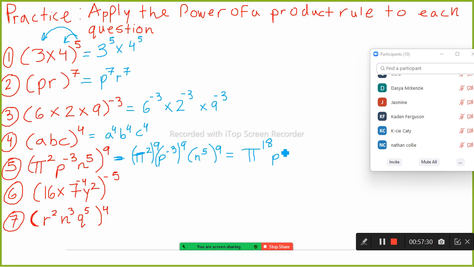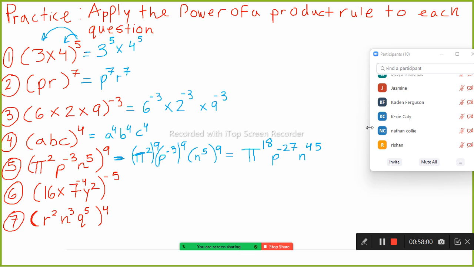What is 3 times 9? 27. Okay, good. Just put a negative onto it. Because remember, a negative times a positive is a negative. So we have 5 times 9, which is 45. Excellent. This was a tough one. I'm glad you were able to get it.